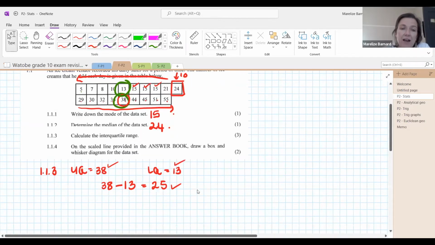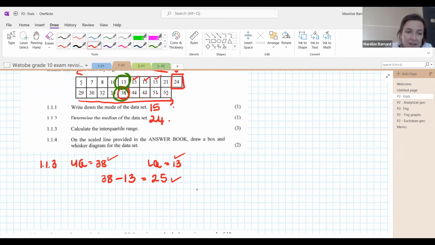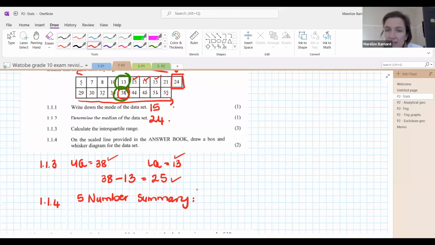And for the box and whisker diagram, we're going to need the 5-number summary. Can anyone tell me what the 5-number summary is going to be? We already have 3 of them, so the rest is pretty easy. Jan Saka says Q1, so lower quartile 13. And which other numbers?